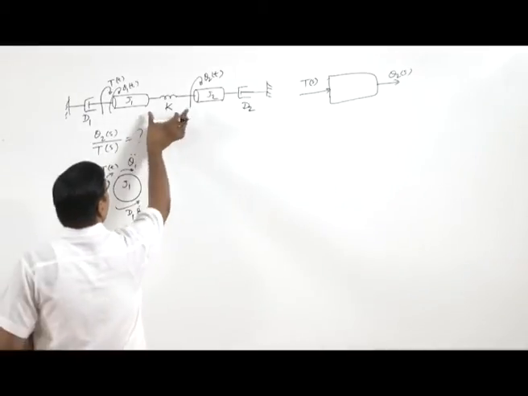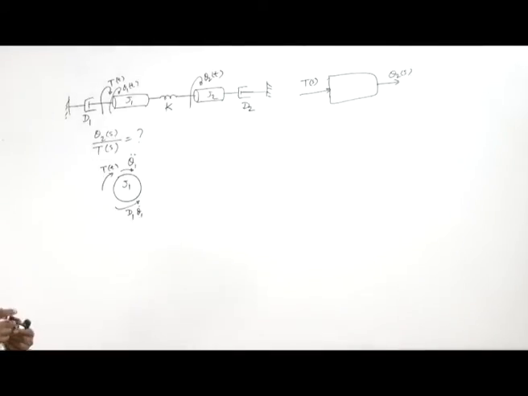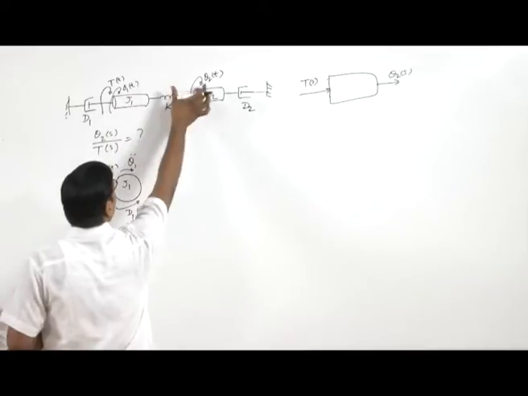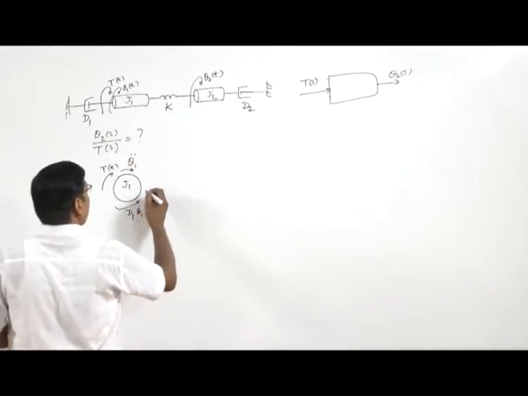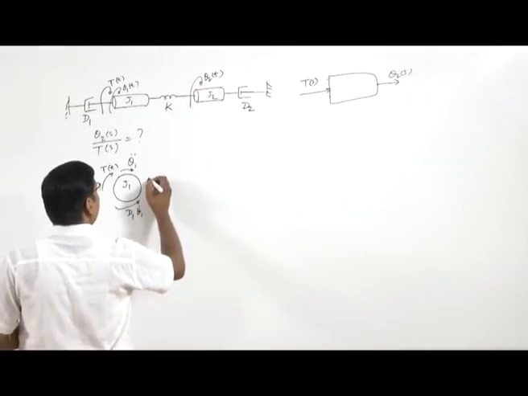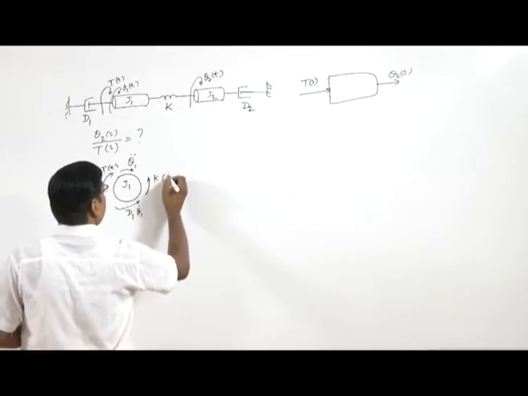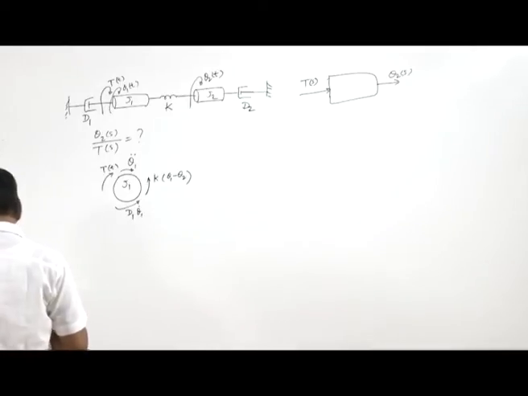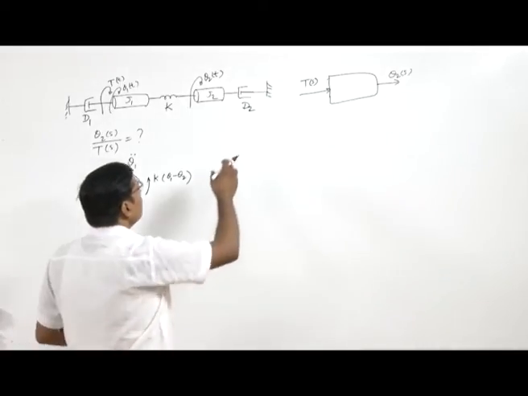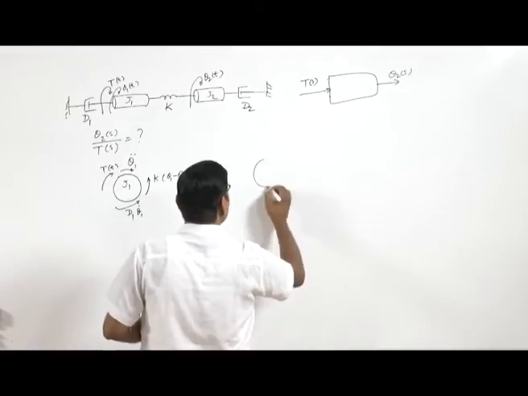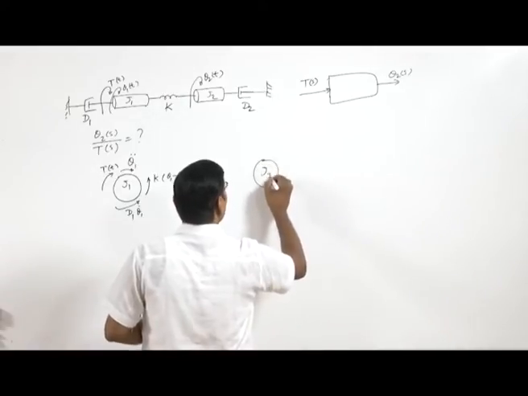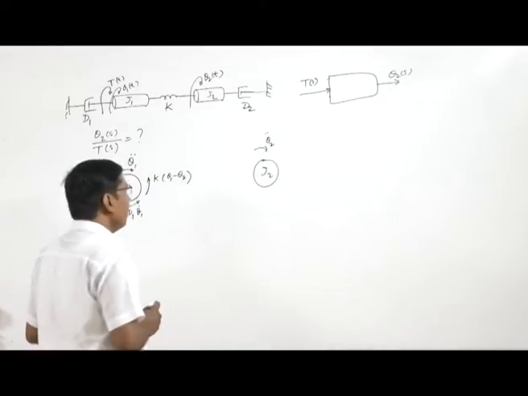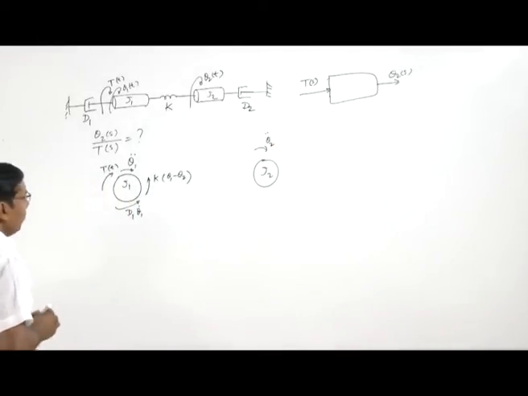and this spring is between the two inertias. So, the difference of the two, theta 1 and theta 2. Again it will apply in anti-clockwise k theta 1 minus theta 2. The second inertia J2 has theta 2 double dot, this angular acceleration.